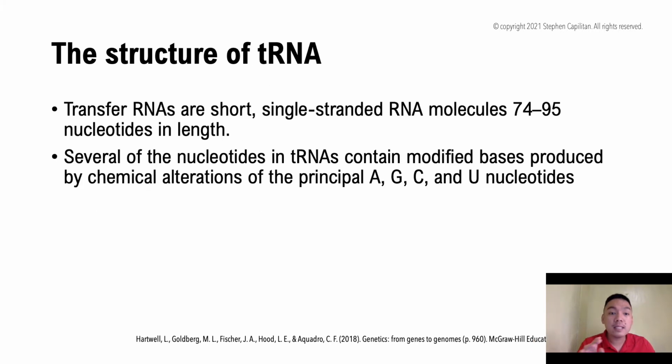So let's talk about the structure of your tRNAs. They are very short, single-stranded RNA molecules with 74 to 95 nucleotides in length. Several nucleotides in tRNAs contain modified bases that are produced by chemical alterations of your principal A, G, C, and U nucleotides.